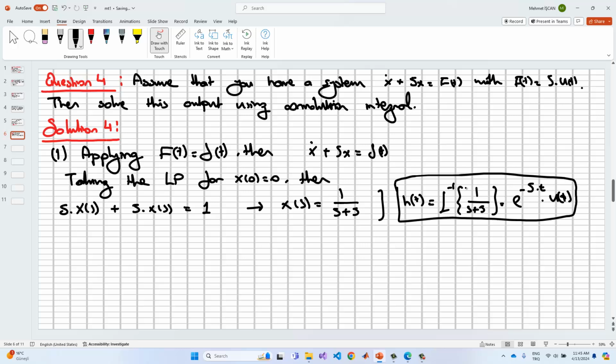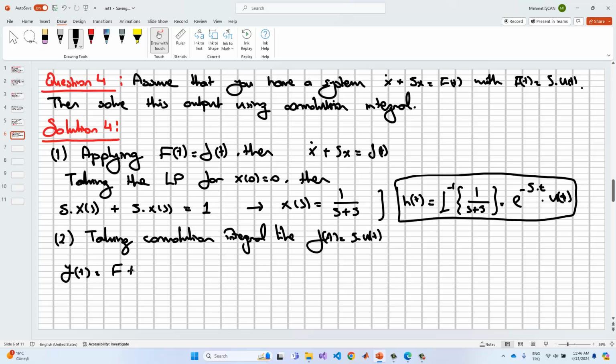Okay, and so in the second place, we need to take the convolution integral, with ft equal to 5ut in here, and so yt is equal to ft, the input value, star operation ht, which yields the integral from minus infinity to infinity of f tau times ht minus tau d tau.